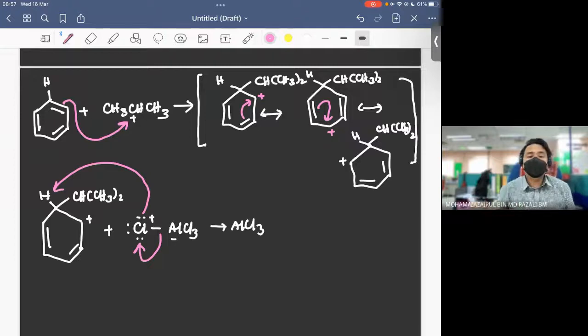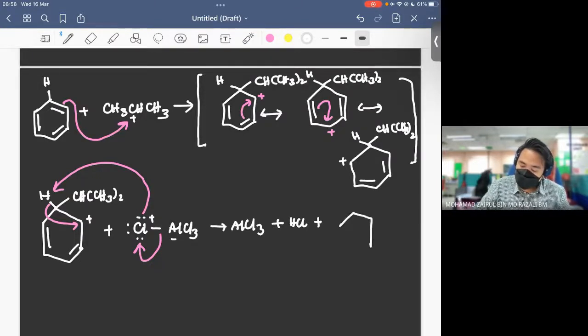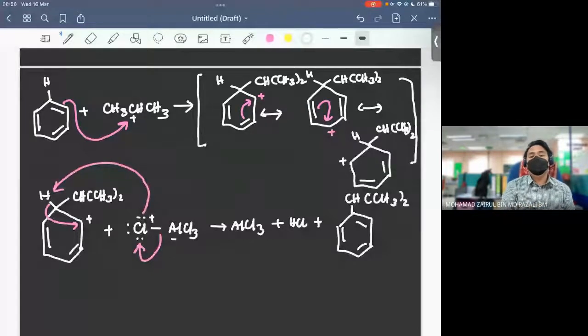So before the hydrogen can form bond with the chlorine, apa yang dia buat, dia kena donate elektron dekat C plus ni. So kita akan hasilkan HCl plus, okay, kita punya main product CH, CH3 2. Okay. Dah macam tu. Okay, boleh ni?